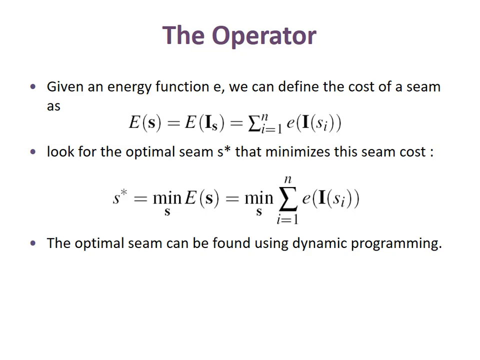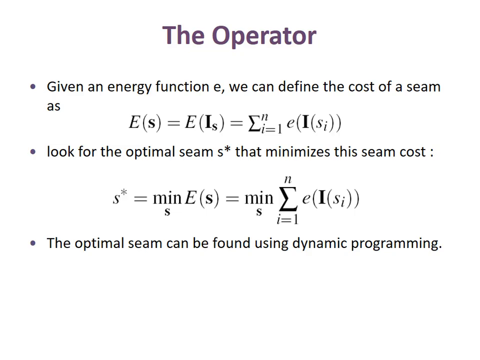We can define E of s using the energy map E, and we calculate the summation over the first position, the second position to the position of n along the seam, and the summation is the minimum. What kind of seam gives the minimum energy, then that will be our solution. For our optimal solution, we usually use a star to indicate it.